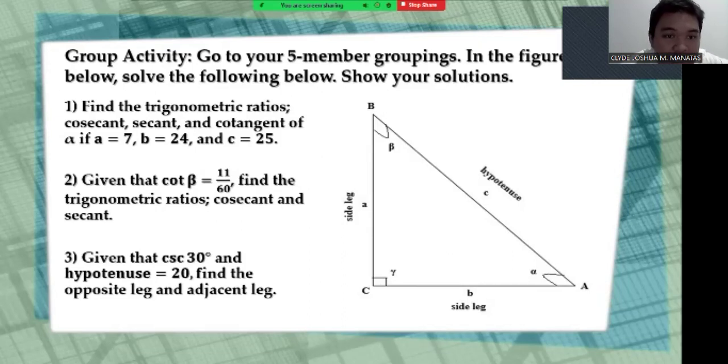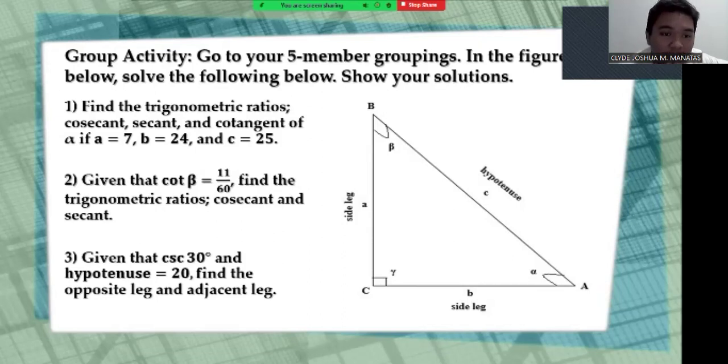Very good, it's 25 over 7. Then what is the secant? Very good, it's 25 over 24. And lastly, what is the cotangent? Very good, it's 24 over 7.